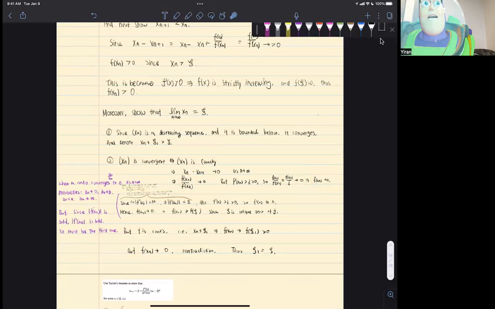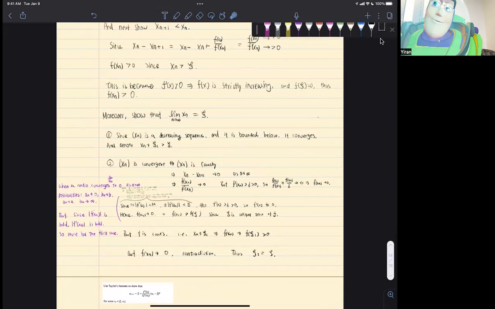How will that help us to prove the limit of xn converges to c? Okay, so we're almost done. We have f of xn converges to 0, but we also know that xn is a convergent sequence, so it must converge, and f is continuous, right?